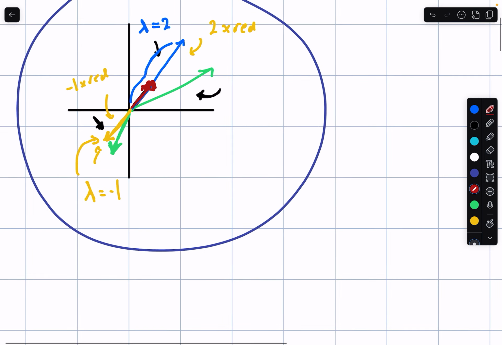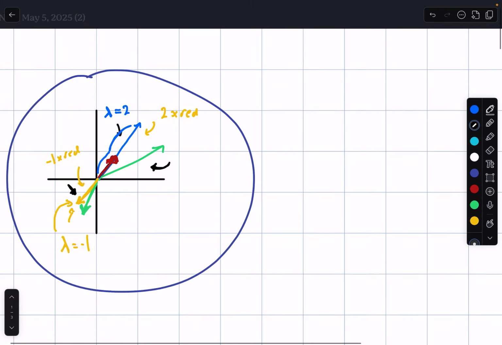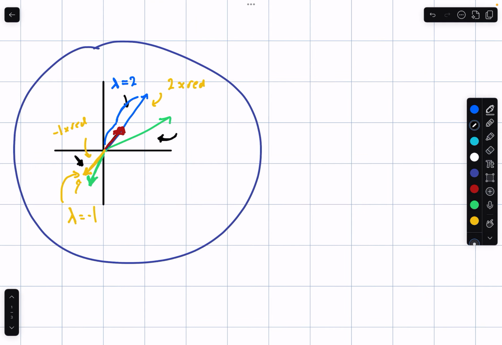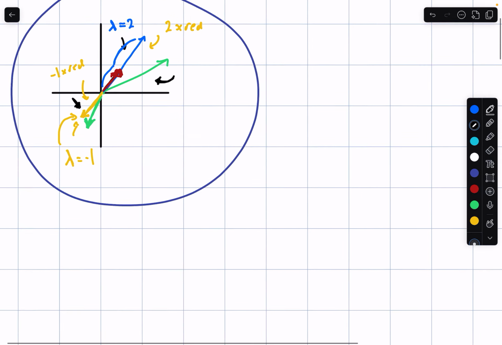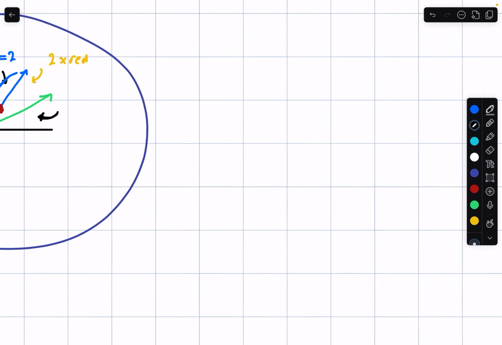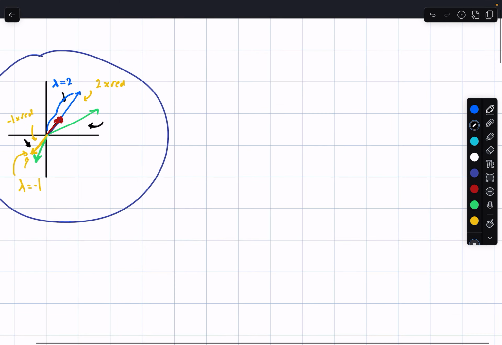And so if we're given a transformation matrix, how do we find out what these eigenvalues are going to be? We're going to go through an example here in 1 minute, but the easiest way to do it is if you have your matrix, you get some values A, B, C, just like this.